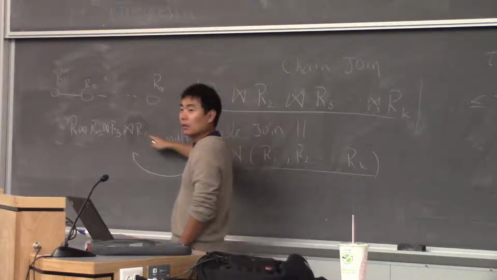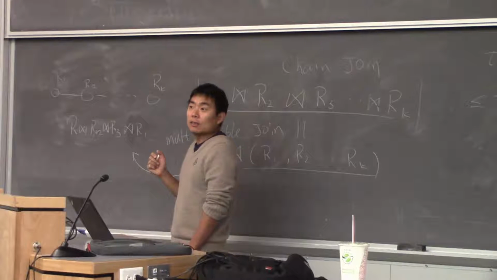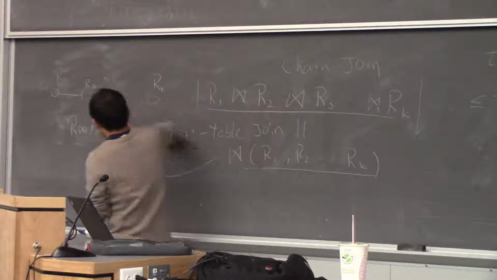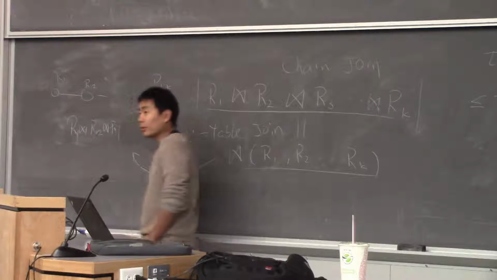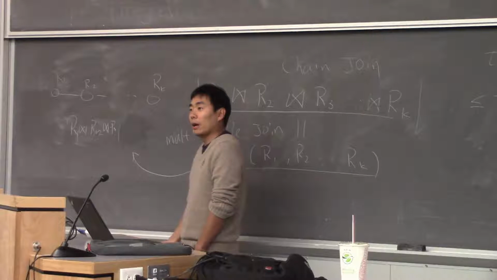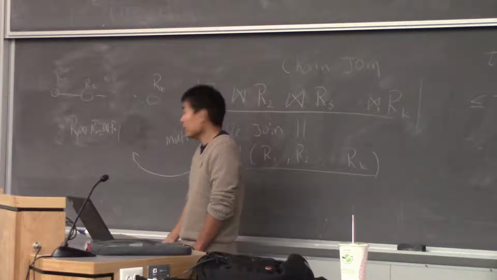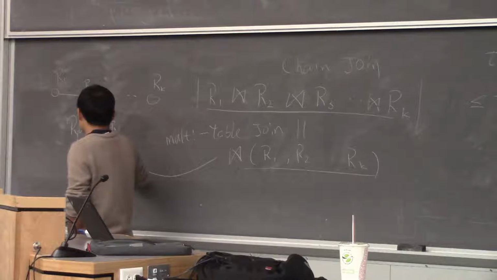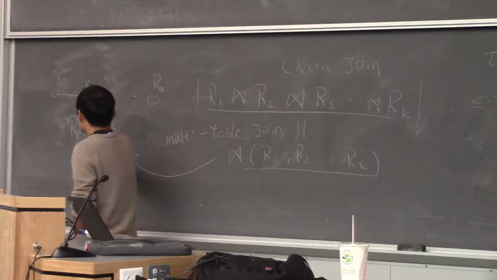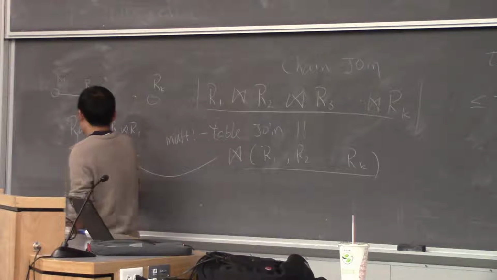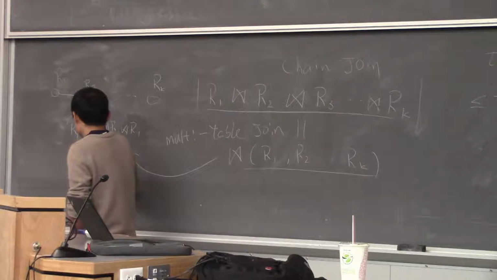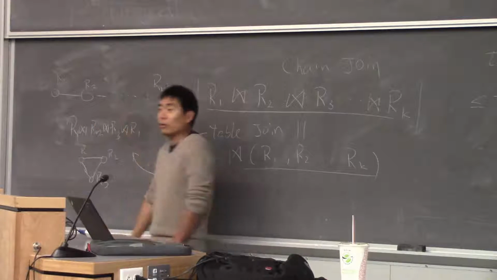And what is this? If I just do this, I don't even have to involve R3. And this is what we call a triangle joint. Why? Because if you draw them out, okay, I should add it back, they actually form a triangle.